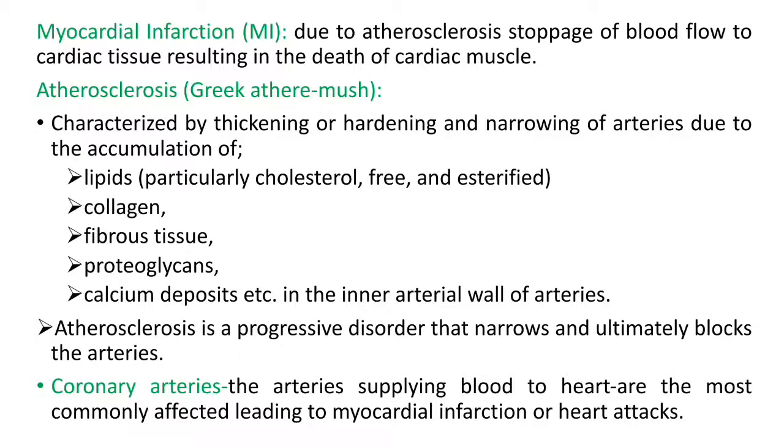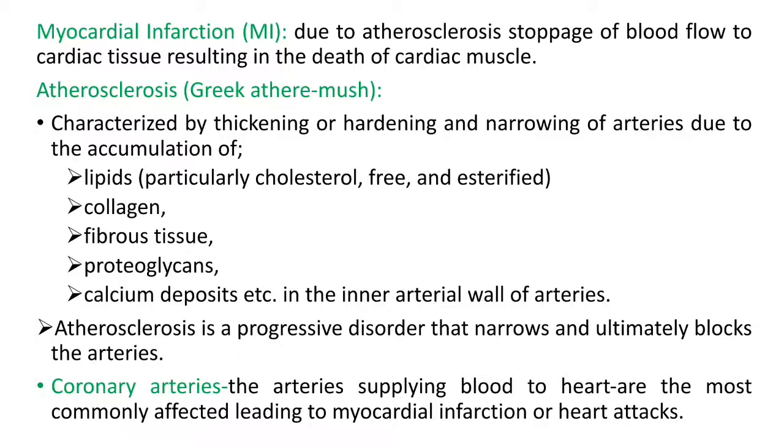Why does it occur? It occurs due to the accumulation of lipids, mainly cholesterol, free and esterified lipids, like bad cholesterol, LDL, oxidized LDL, low density lipoprotein cholesterol. And also accumulation of collagen and fibrous tissue, proteoglycans, platelets and calcium deposits.